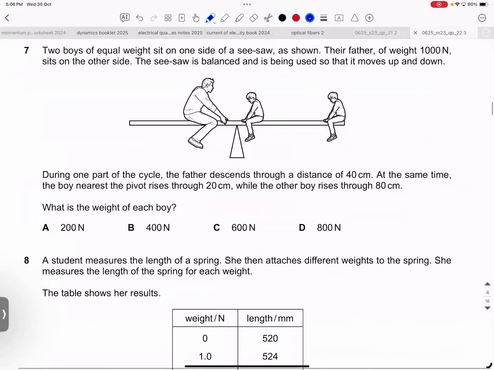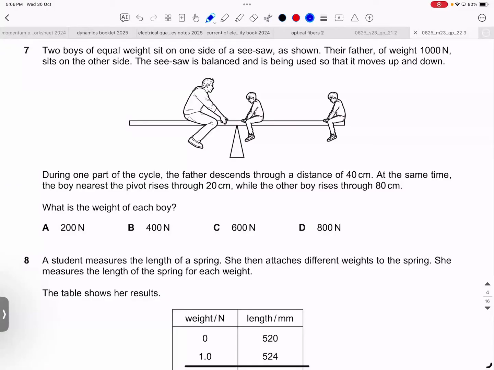Question number 7. Please read the question 7. Two boys of equal weight sit on one side of a seesaw, as shown. Their father of weight 1000 Newton sits on the other side. The seesaw is balanced and is being used so that it moves up and down. Balance means the clockwise moment equals the anti-clockwise moment.